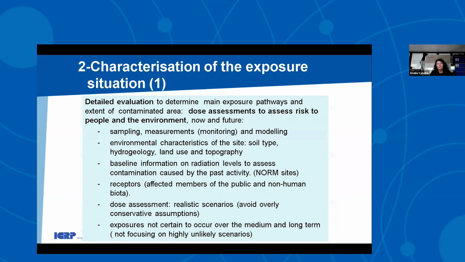After that, the second step is how to perform a characterization of the exposure situation, because also, as Mike mentions, they are in the framework of existing exposure situations, and you know that to take reasonable and appropriate decisions, you need to have the information of the site and to know the magnitude of the problem of the situation to take actions.